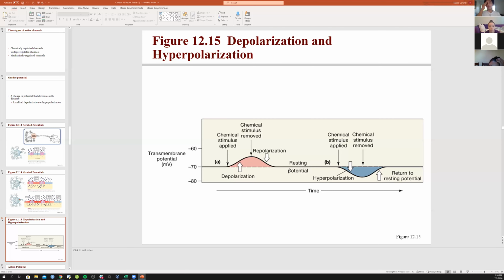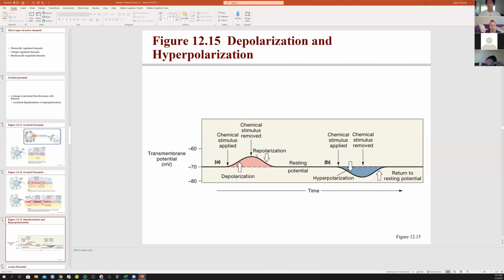You have to understand the role of the leak channels. What happened here? Sodium entered the cell, but the sodium-potassium pump is constantly pumping sodium out. It sends all of the sodium back out until we lose all of that positive charge.